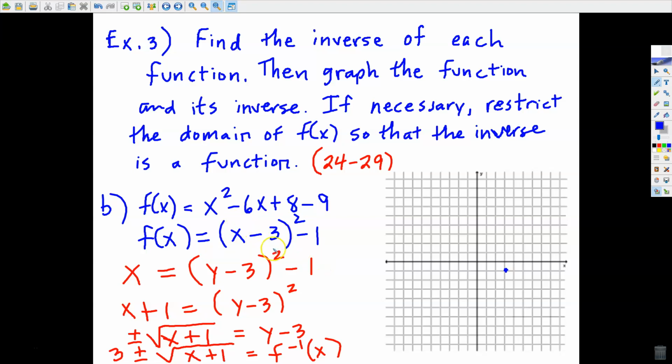Corey, what would that be? Okay, if I input 2, I get output 0, which means if 2, 0 is a point, then 4, 0 is also a point. If I lost you, let me know. This is really just graphing a parabola out of vertex form.